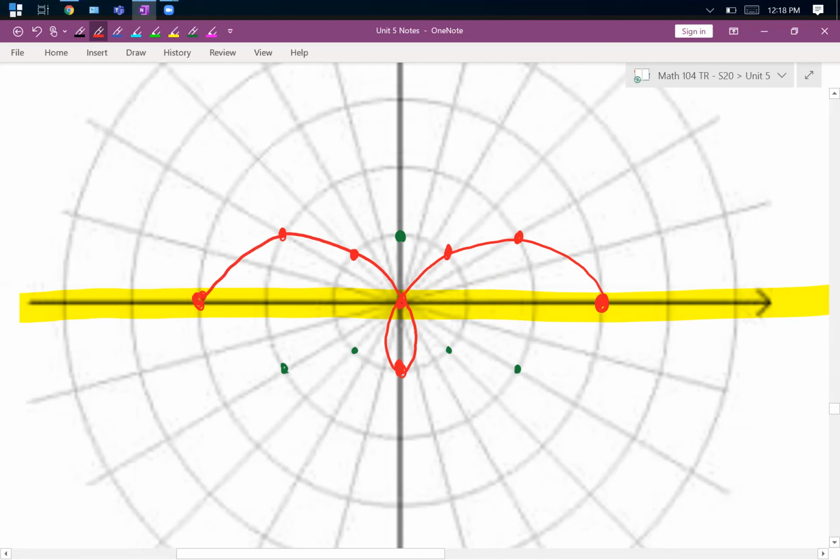Now that I have that part, I just know the other part matches. So I'm going to draw it in. I think these ones look extra cool. So there we go. That's a rose curve.